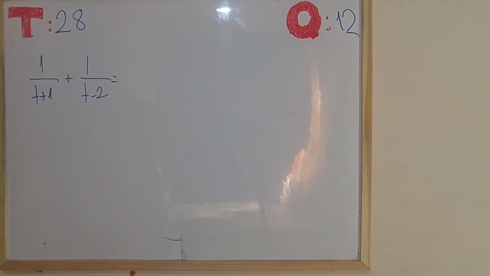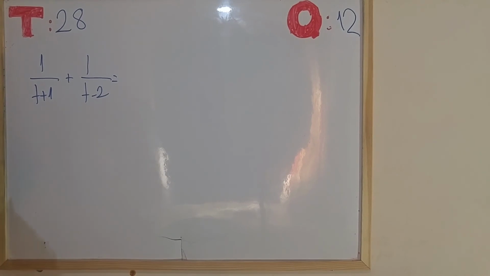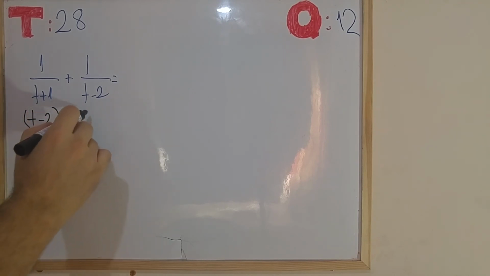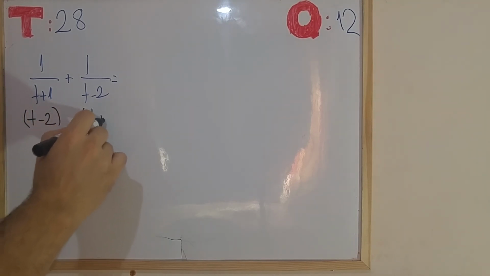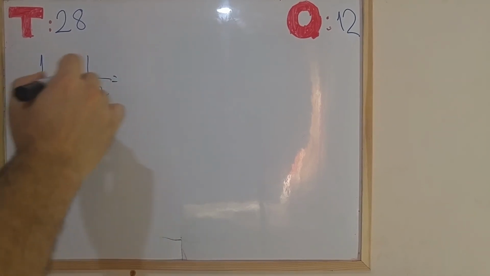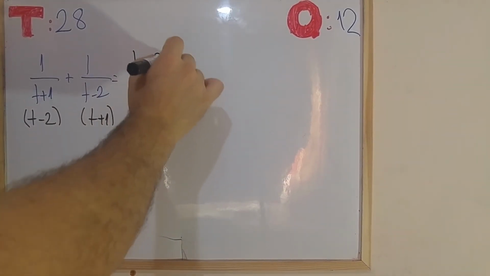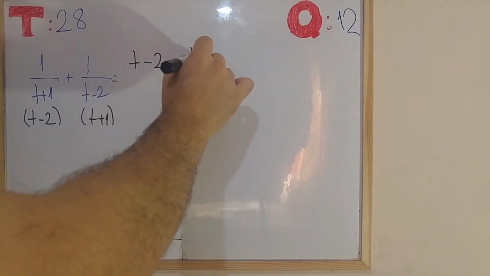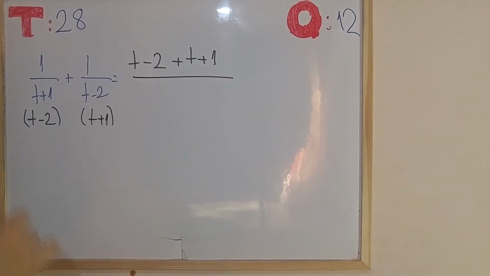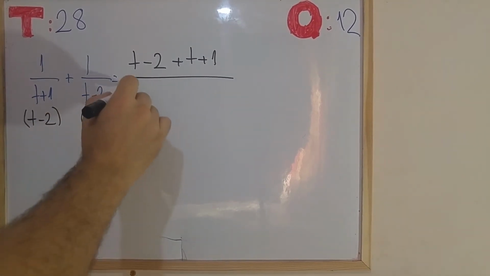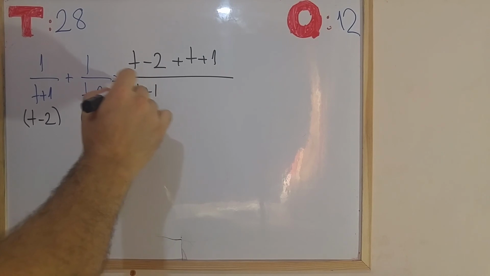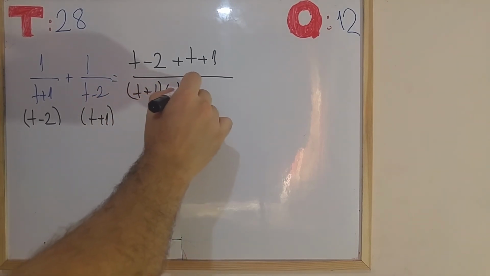In this question, the denominators are not equal to each other, so I need to expand them with each other to make them equal. So I multiply here by t minus 2 and here by t plus 1. So what I have is t minus 2 here plus t plus 1, and in the denominator I have to multiply these with each other, which makes t plus 1 times t minus 2.